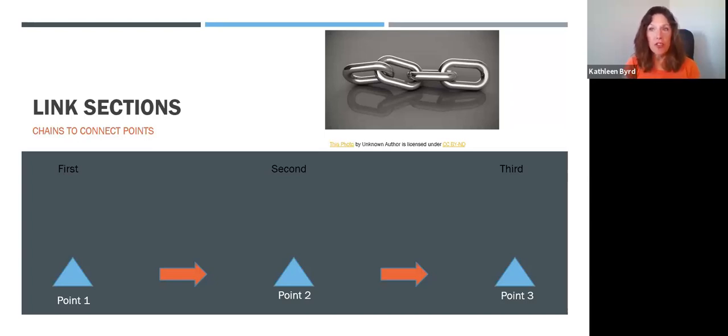Then you get to your second main idea. You say second or secondly. And then when you get to your third main point, you say third or thirdly. You can also use this chain within one main idea. Perhaps if you're talking about 3 different details that back up that main idea, you could use it there.